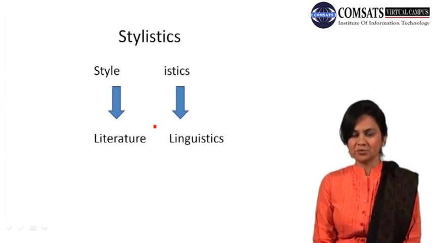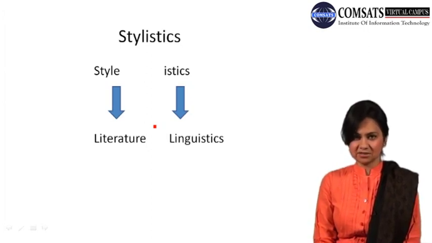So if you divide the very word stylistics into two parts, you notice that literature and linguistics both are needed to make up the word stylistics, as style is what literature contains in the form of poetic style, in the form of prose style, as well as the second part of the word stylistics makes it relate to linguistics.